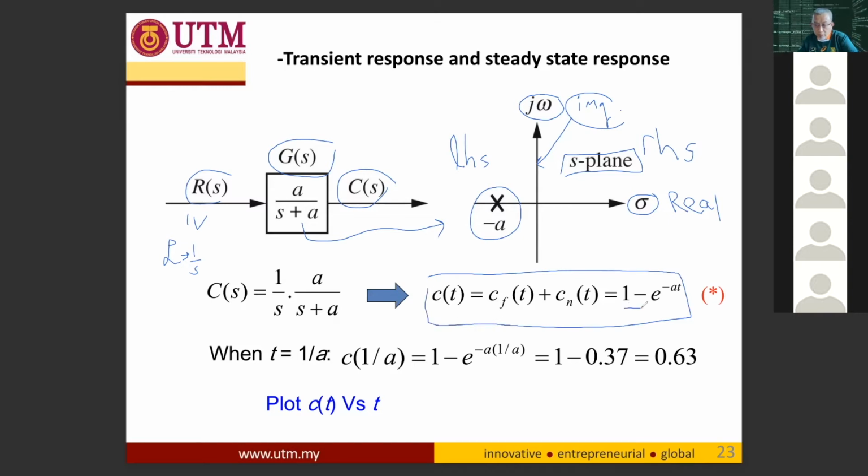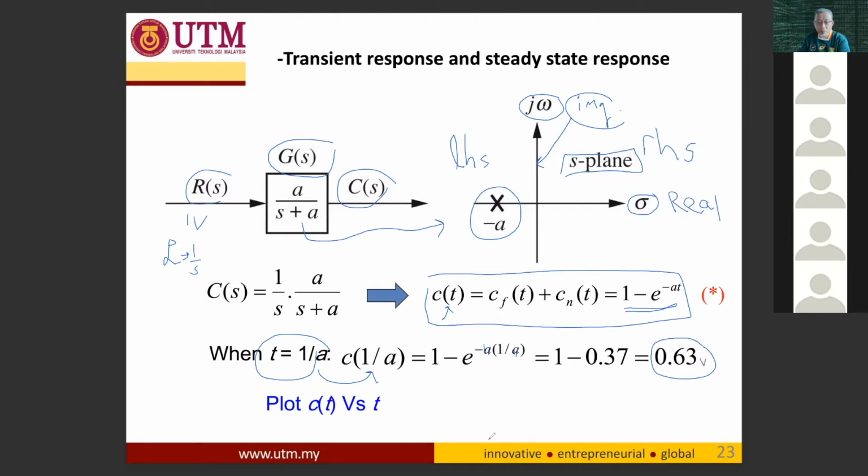We will get 1 minus e to the power minus at. When t is equal to 1 over A, you insert the value here, so A will cancel out, and you get 1 minus 0.37, which gives you 0.63 volts.